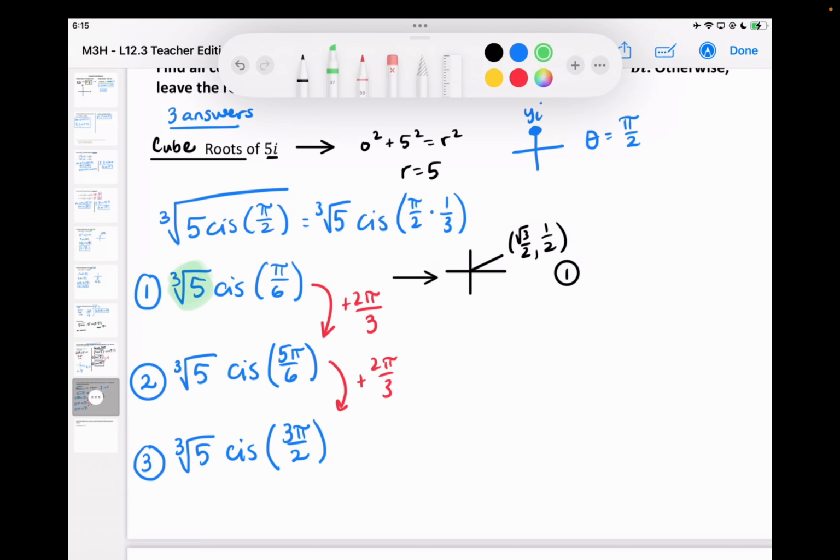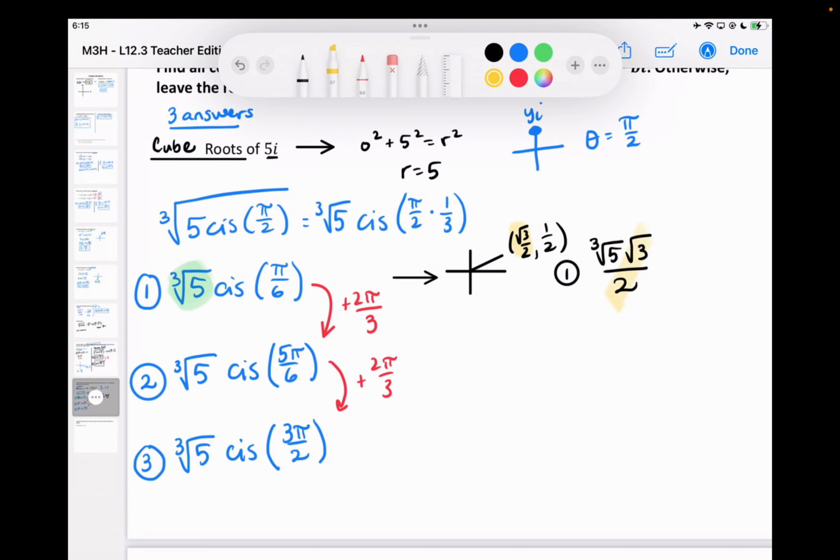That's because we're multiplying the cube root of 5 by the cosine of that value and the sine. And remember, the sine or the y value is going to be the imaginary part. So this would just give you a solution. You can just put it right on the numerator. So cube root of 5 square root of 3 over 2.